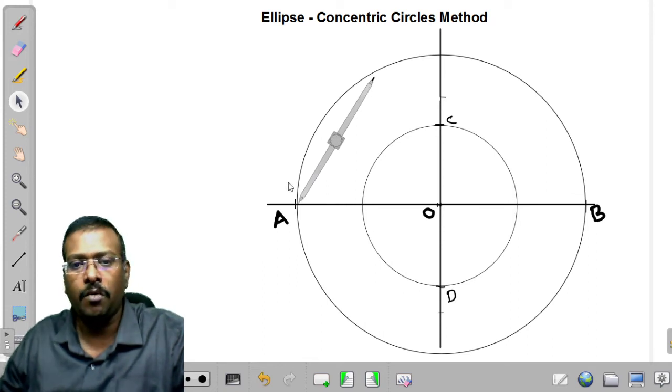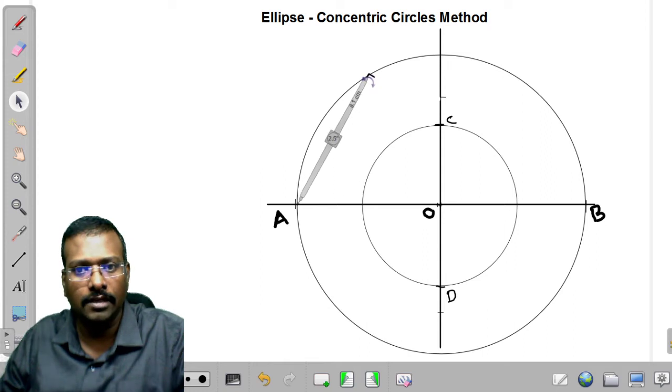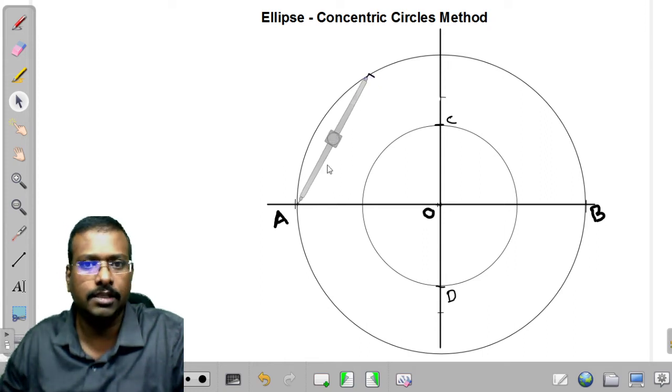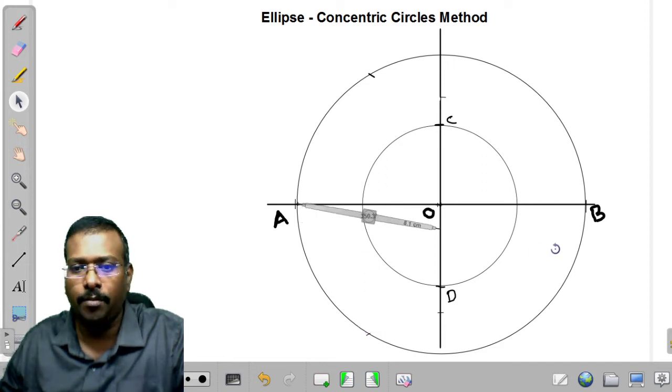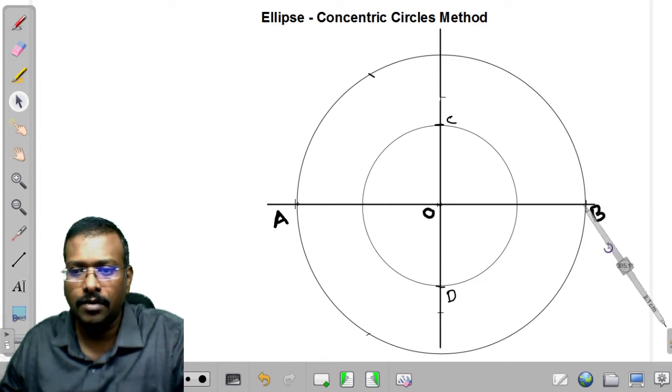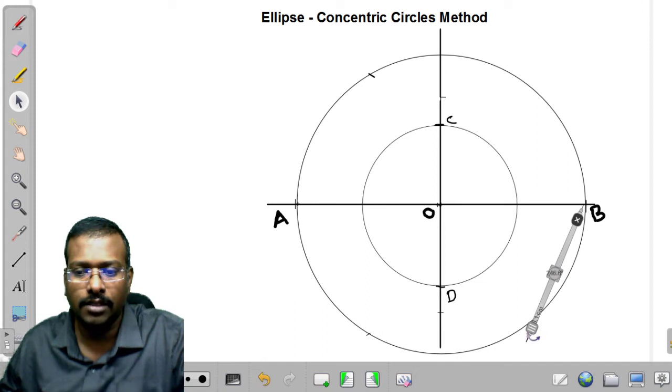Take one diameter endpoint as center, A. Draw the arcs on both the sides of the circle. Take the other diameter endpoint as center and draw the arcs on both the sides of the circle.